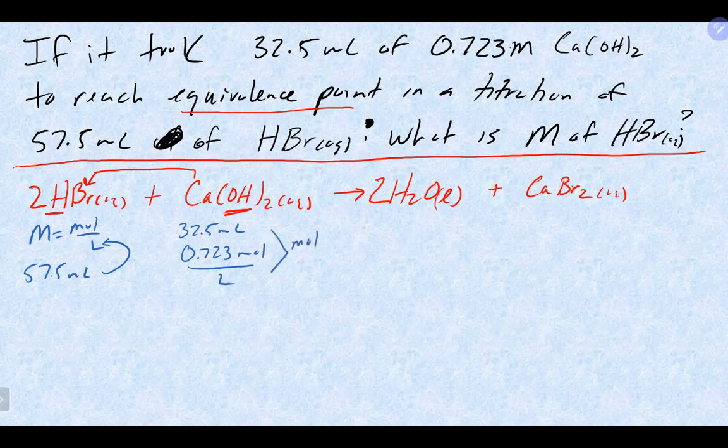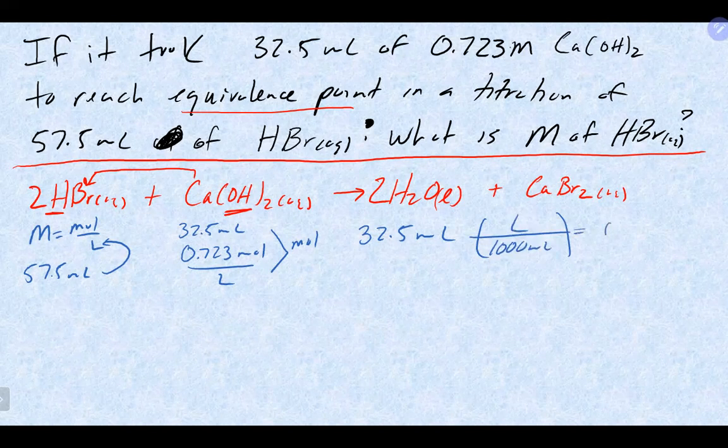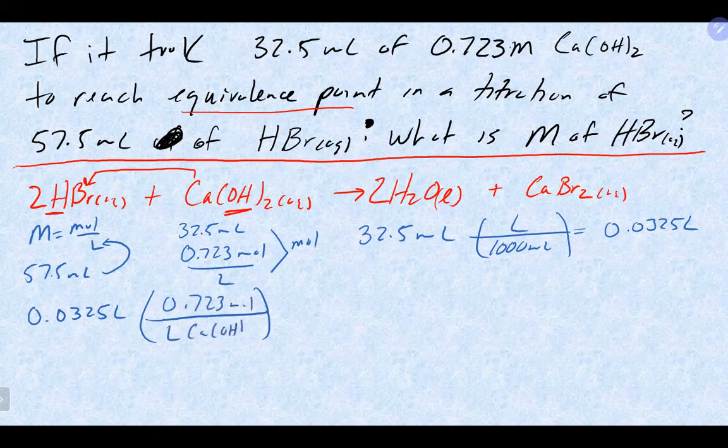We will convert our volume into liters using 1,000 milliliters is a liter, or again, move your decimal place over 3 places. So using the volume of our base and the molarity of the base that was given to us of 0. What did I make up there? 0.723 moles per liter of calcium hydroxide.